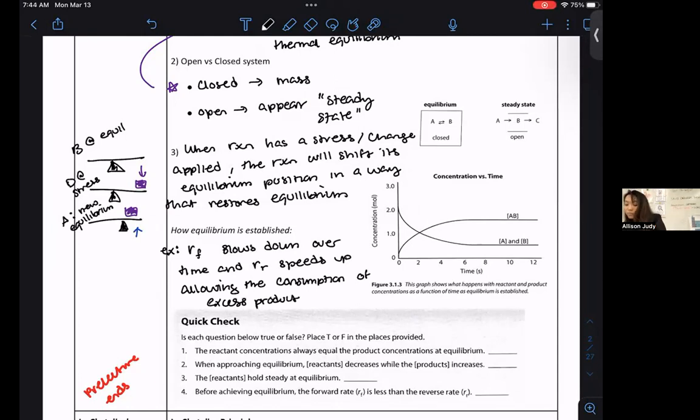So let's say you had more product added, like in the picture on the right side, where we conventionally read product left to right. We add more product, imaged by the addition of the purple block. That's going to create an imbalance. The reversible reaction doesn't want to stay unbalanced. So the rate of the forward will slow down so the rate of the reverse can speed up and consume that product, alleviating the stress of that additional product, imaged by the blue arrow going up.